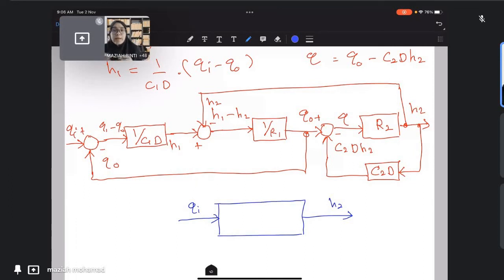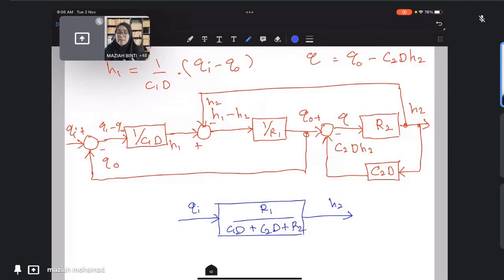We're going to get the final transfer function. So the transfer function may become like this: R1 over C1 D plus C2 D plus R2. I don't know. Okay, this is just an example.